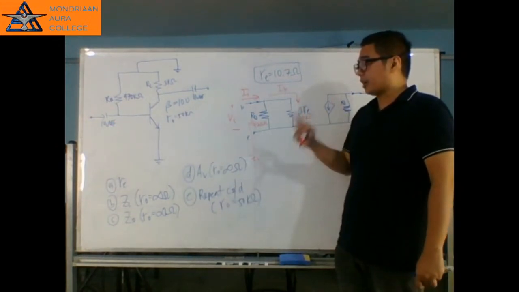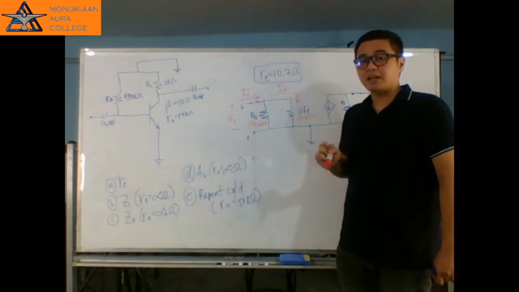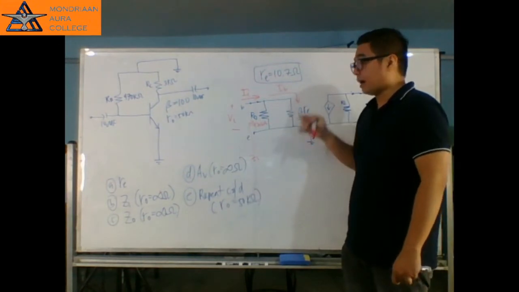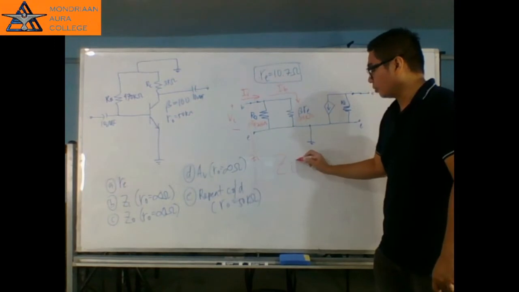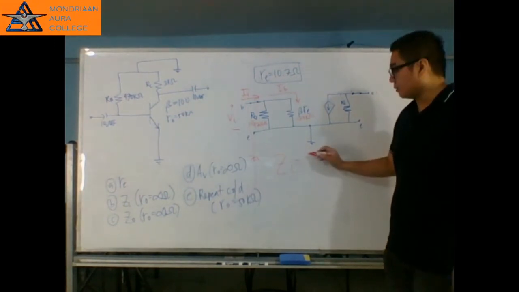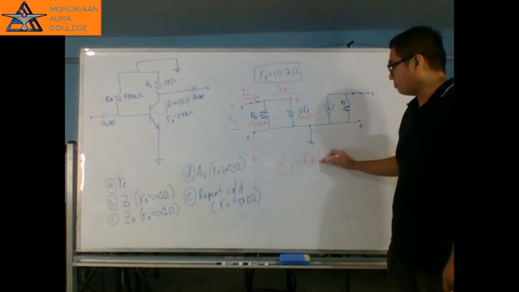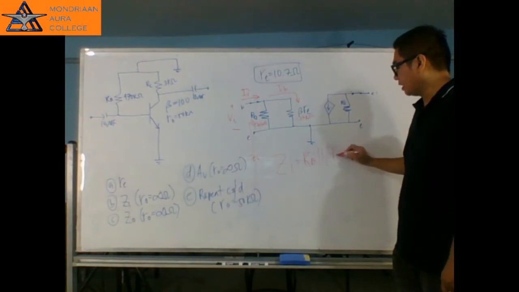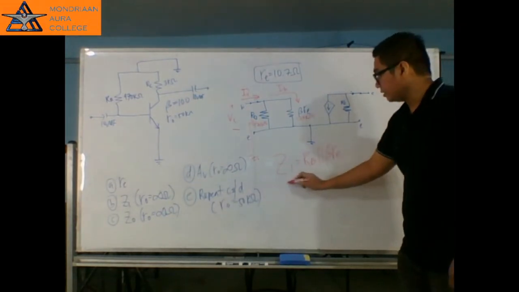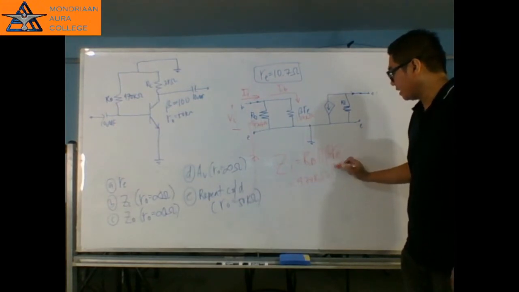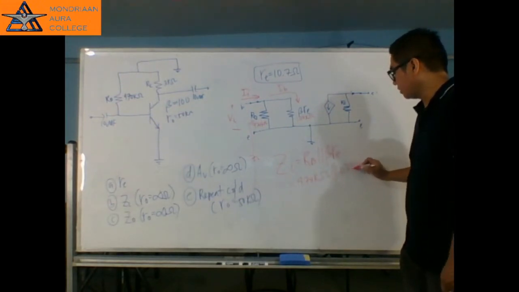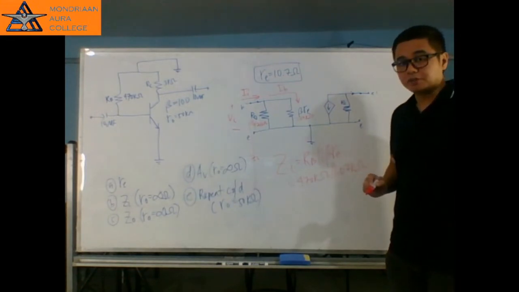So those are the determining factors for our Z sub I. But what is the connection between R sub B and beta RE? Hindi ba nakaparallel sila? Therefore, Z sub I, or the input impedance, is equal to R sub B parallel with beta R sub E. This is equal to 470 kilo ohms parallel with 1.07 kilo ohms.